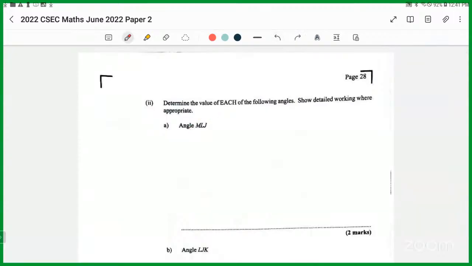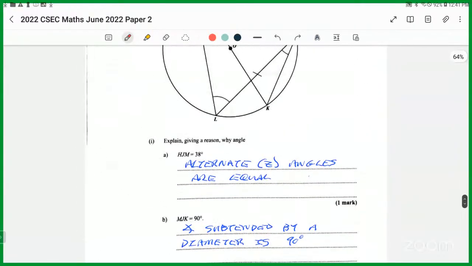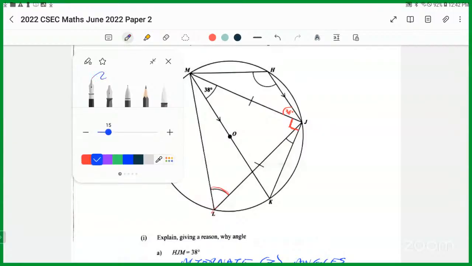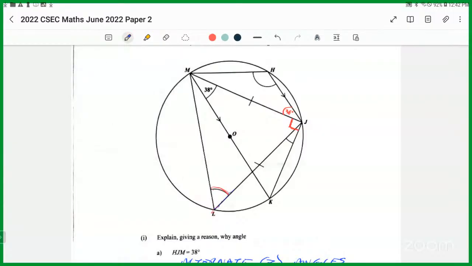MLJ. Let's look now at angle MLJ on the diagram. So they're not asking us for this angle. Now that angle is subtended. Let's look at what's subtending it first. Come back to the circle on this side.